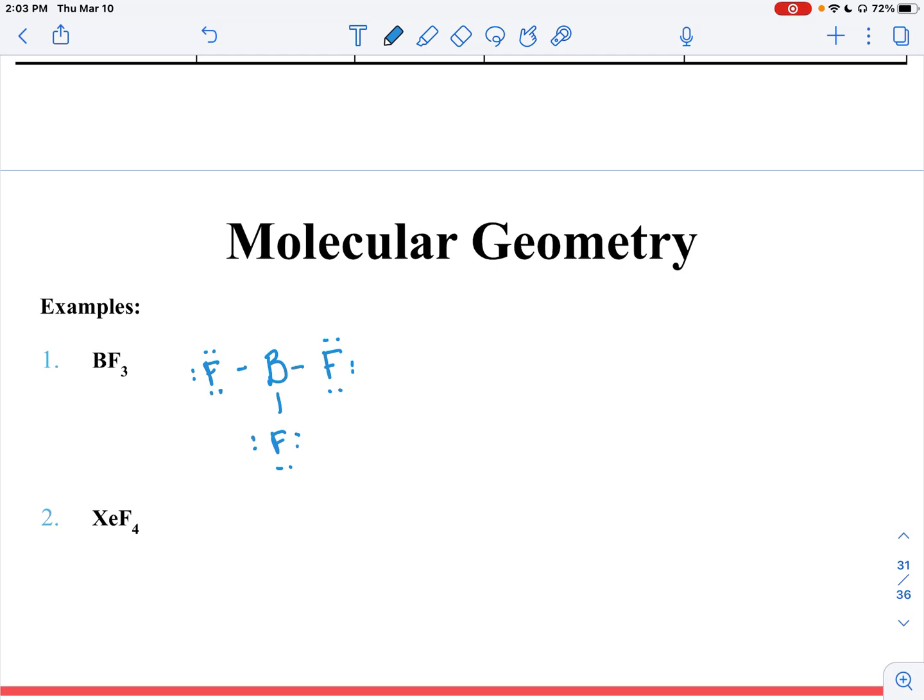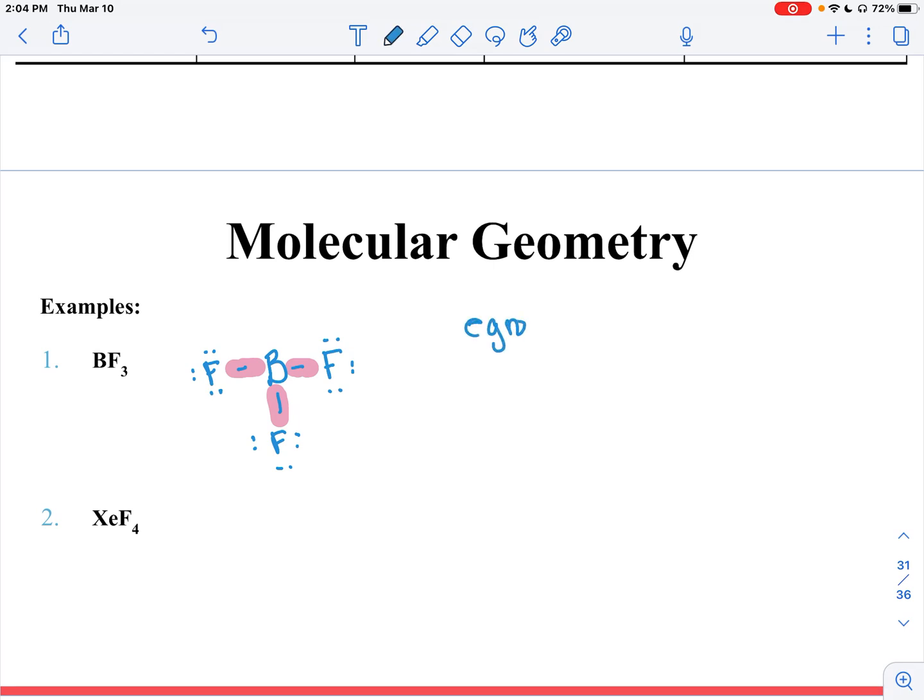Okay. So after you have the Lewis structure, you're then going to count the electron domains around the central atom. So what that means is you count the bond groups or the lone pairs, but only around the central atom. So we don't care about these lone pairs around fluorine. So here around boron, we have 3 bonds, 3 electron domains.